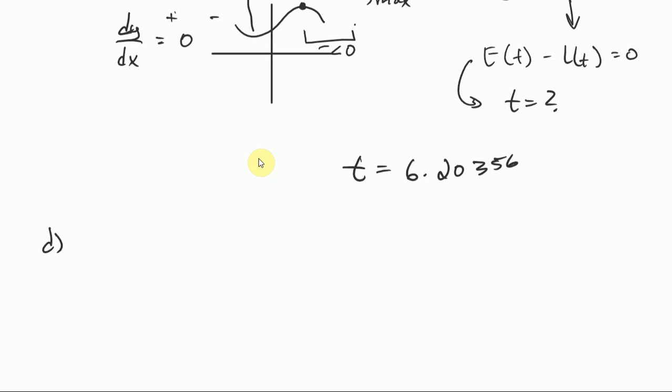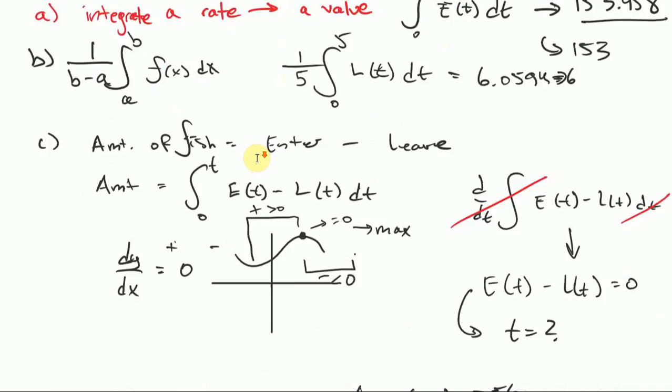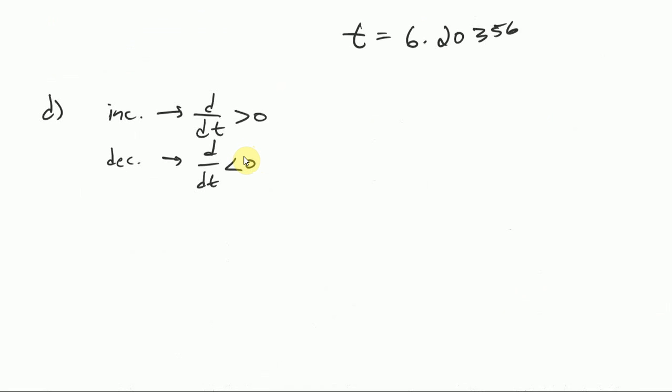If something is increasing, the derivative is greater than 0, and if it's decreasing, the derivative is less than 0. The rate of change in the number of fish in the lake is E of t minus L of t.